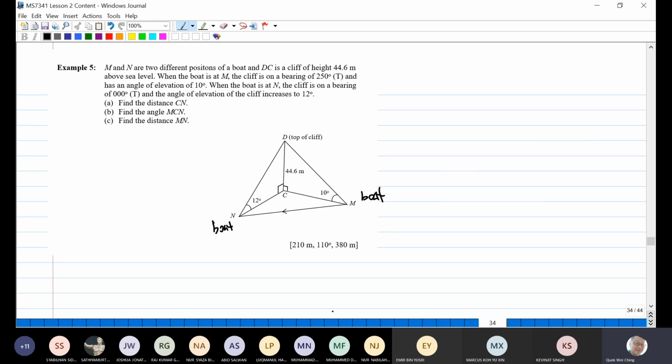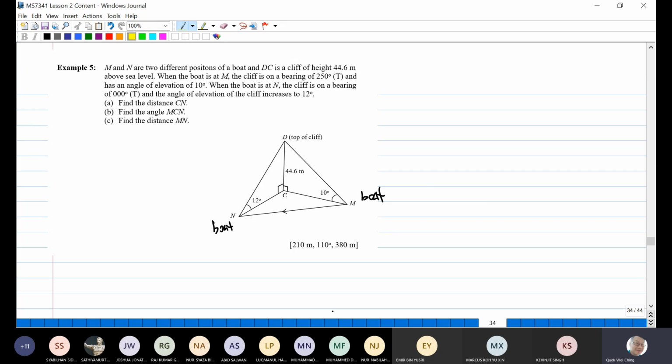And then there's a cliff somewhere in between. The height is 44.6 above sea level. This one doesn't talk about bearing here, so this question is not about the bearing.